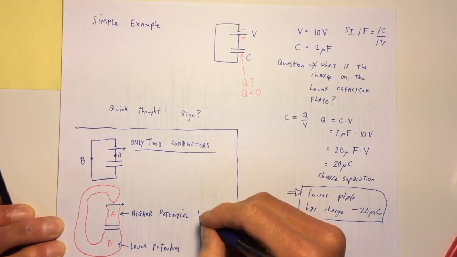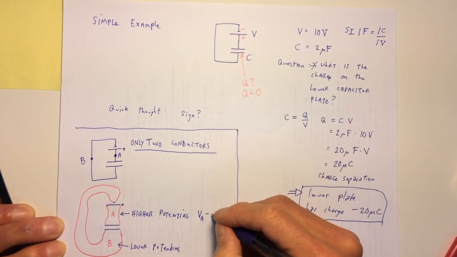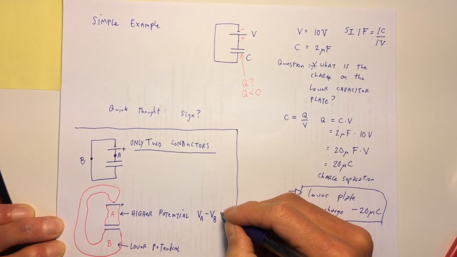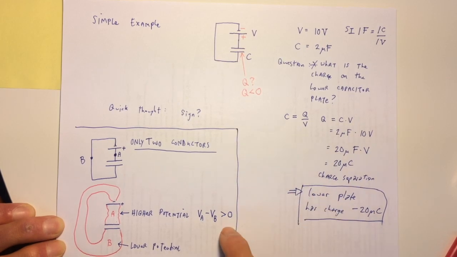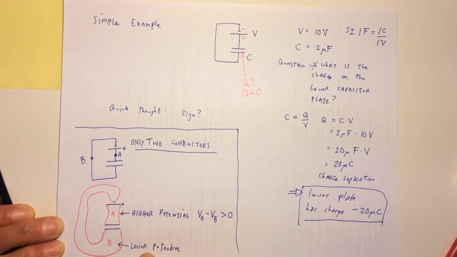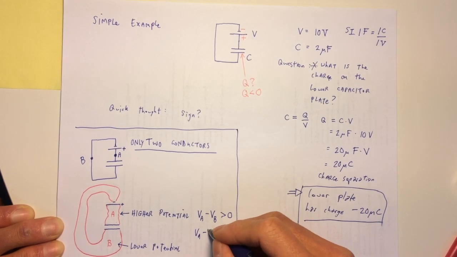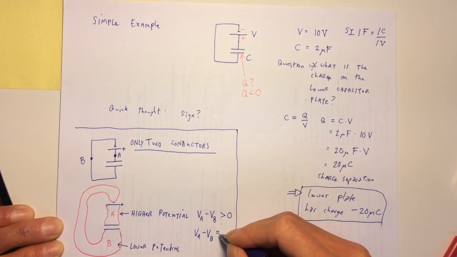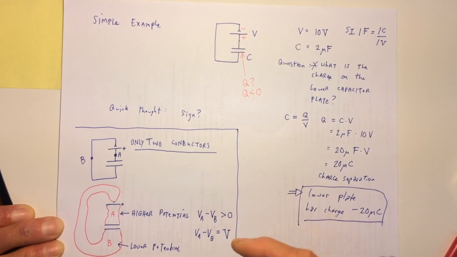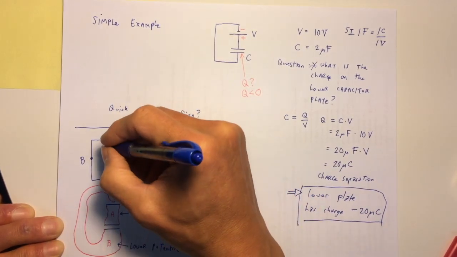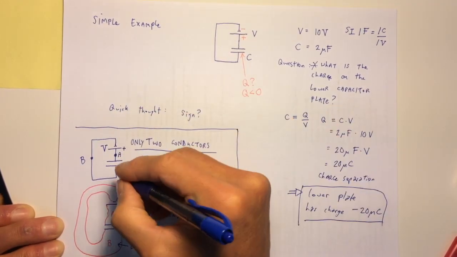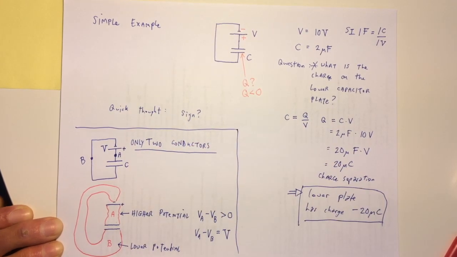And VA minus VB is a positive number because A is higher and B is lower, and VA minus VB is equal to the voltage of the battery. So if this battery has voltage V, this is the capacitor with capacitance C.